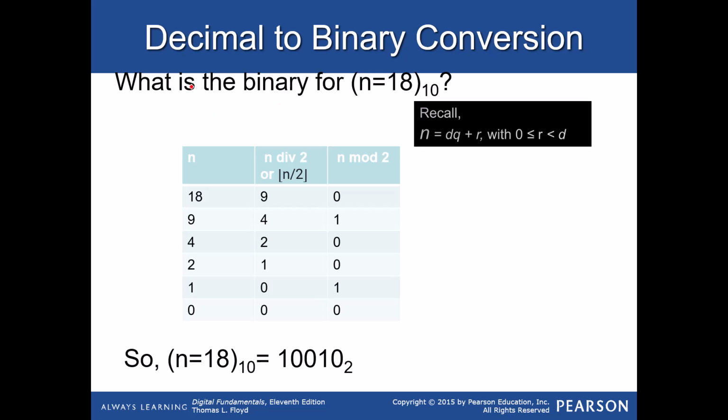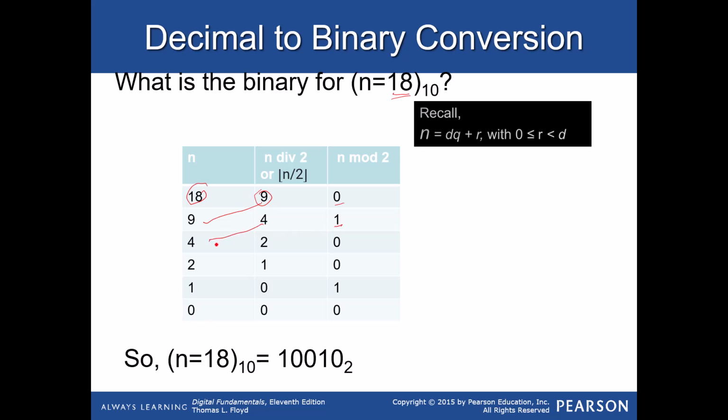Let's look at another example, this time 18. Again, we take 18 divided by 2, we get 9, and the remainder is 0. We take 9, divide it by 2, we get 4, and this time we have remainder 1.